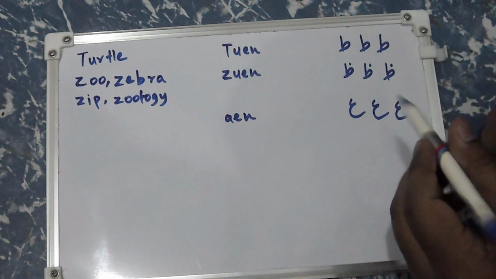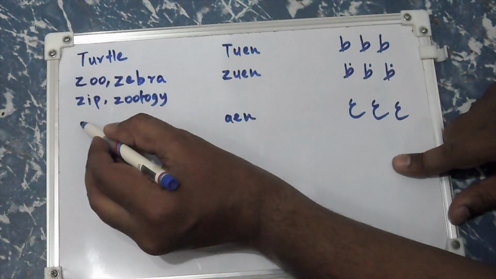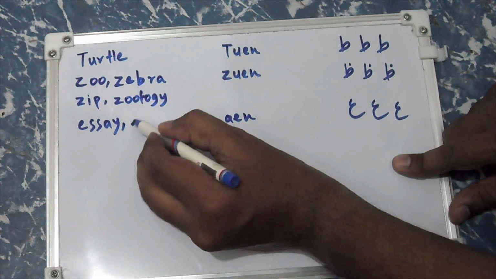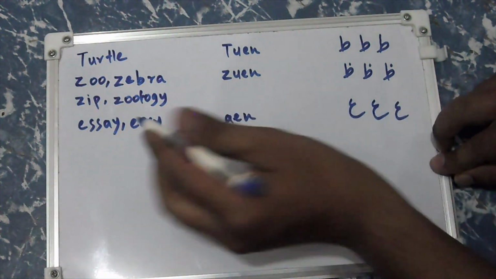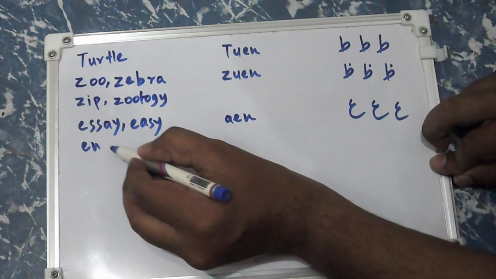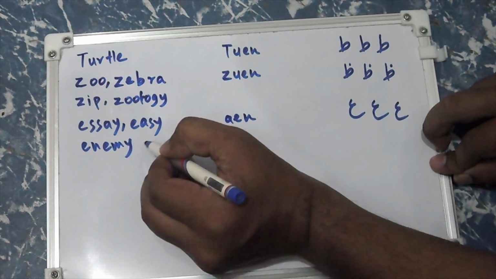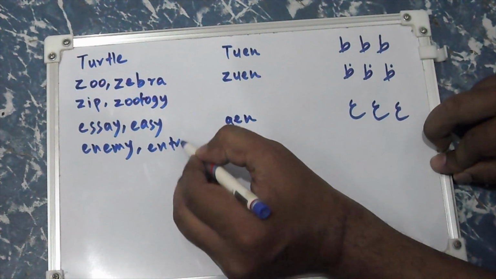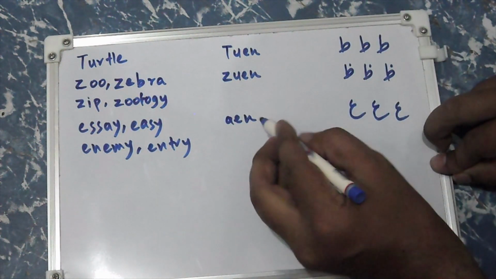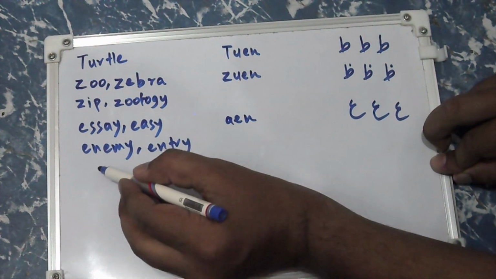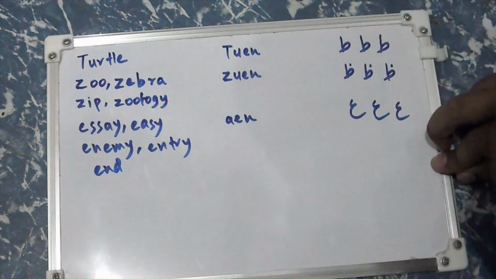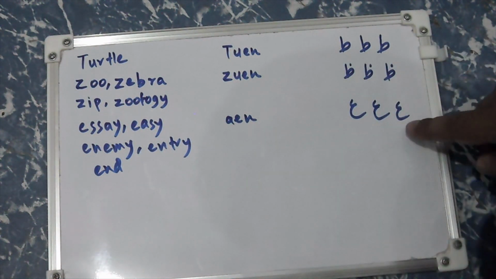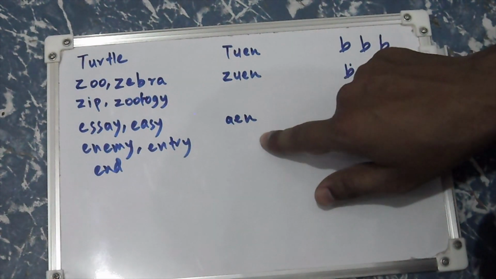But let me write a few words for you, and those words are like essay and easy, enemy, entry, and end. So these are a few words which contain the sound of Ain in the English language.